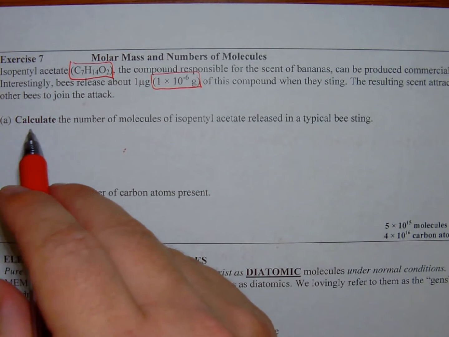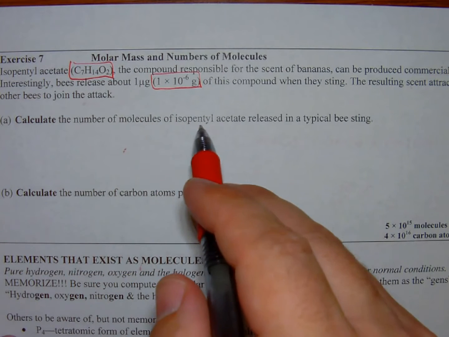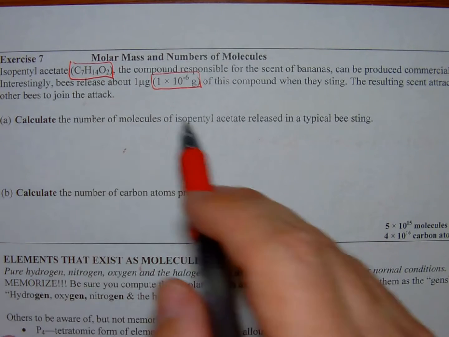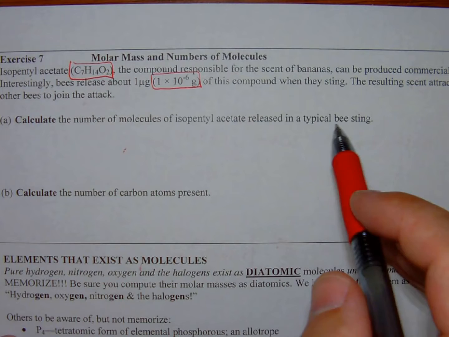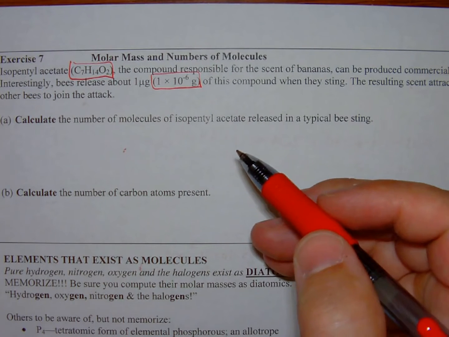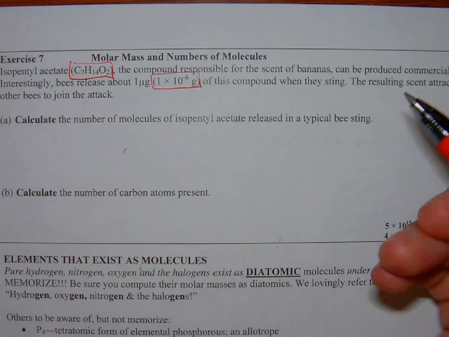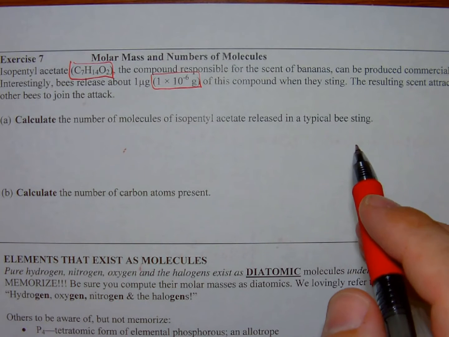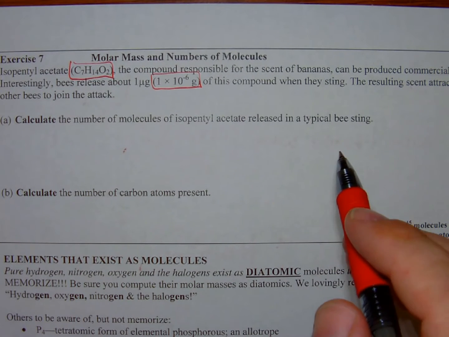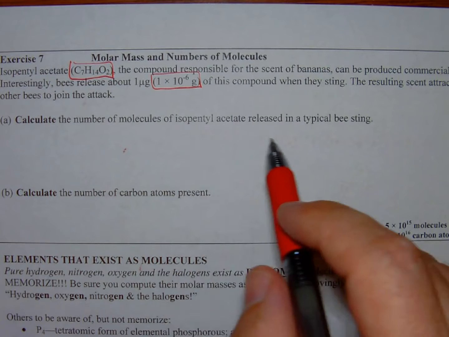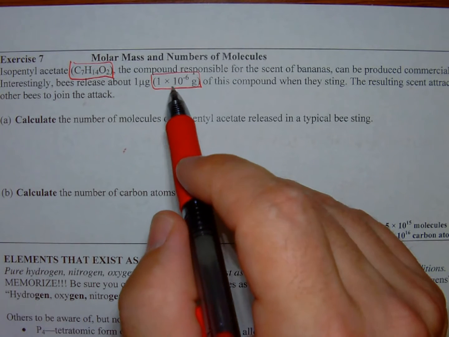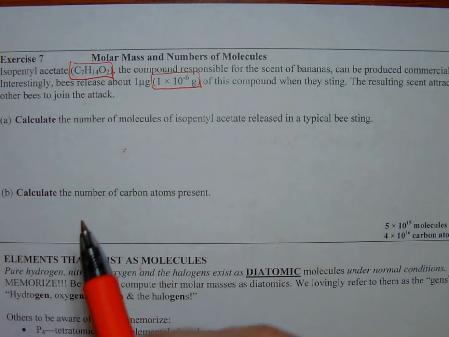So when we go down to A, calculate the number of molecules of isopentyl acetate released in a typical bee sting. We are calculating how many molecules are released when this much stuff is released.